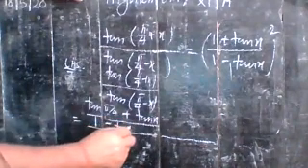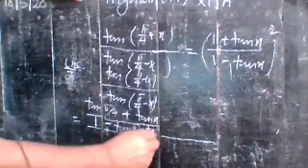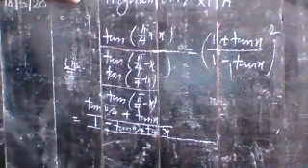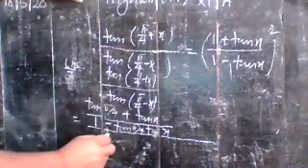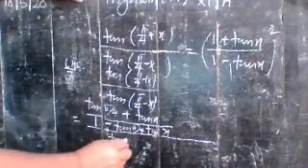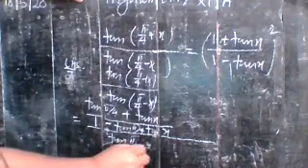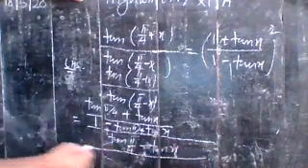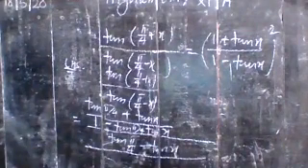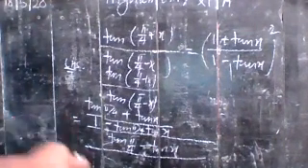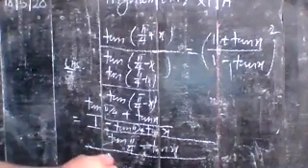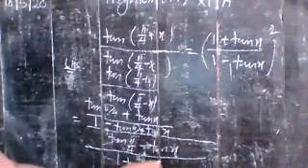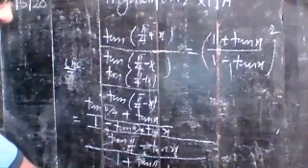So write tan pi by 4 into tan x. In the same way, in the denominator, you write tan pi by 4 minus tan x upon 1 plus tan pi by 4 into tan x.